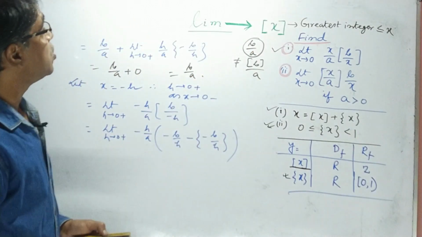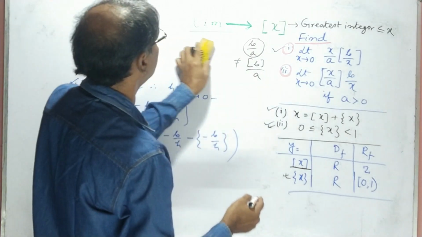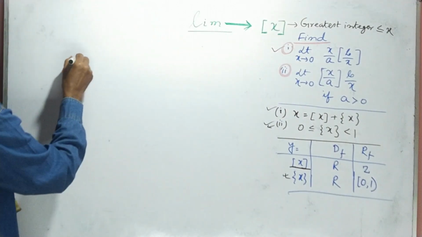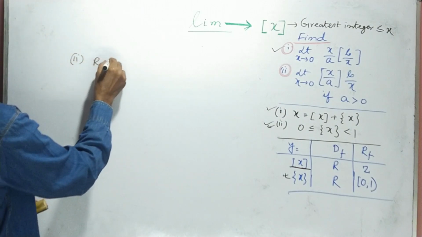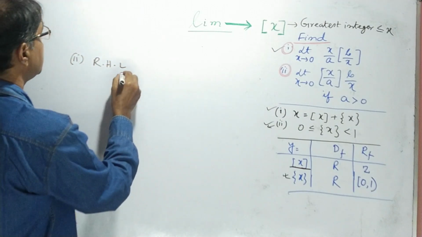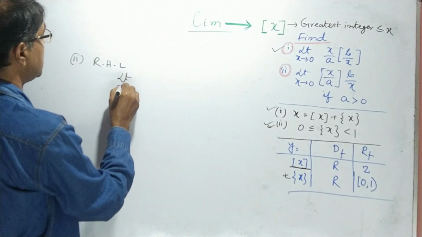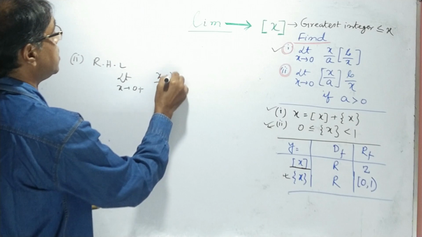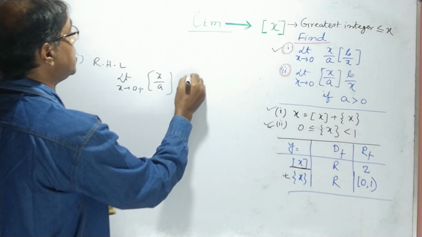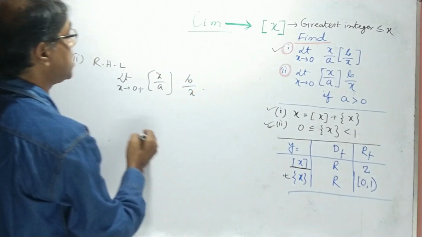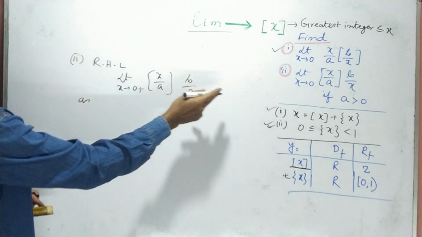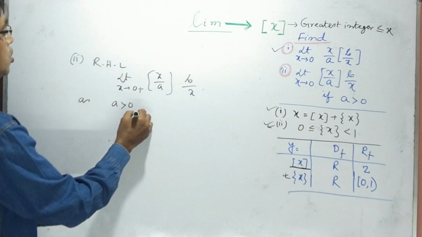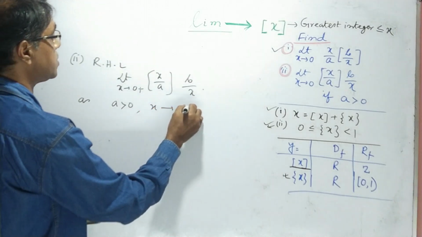Now I am going to problem number 2. Right hand limit, x tends to 0 plus of the greatest integer of x by a times b by x. Here the restriction given is a greater than 0, and x tends to 0 plus.